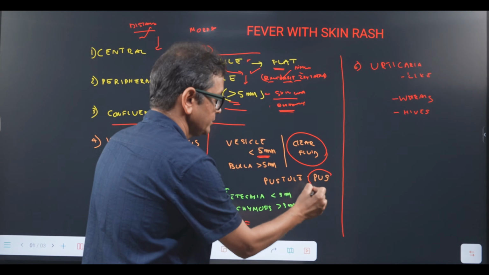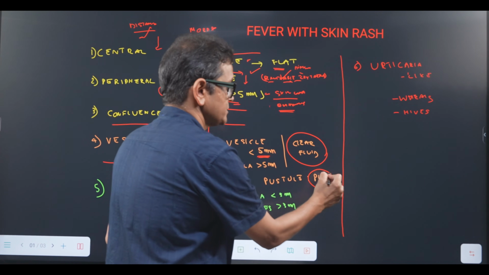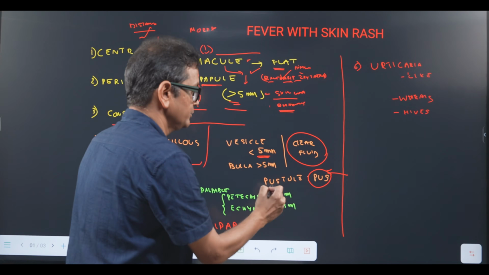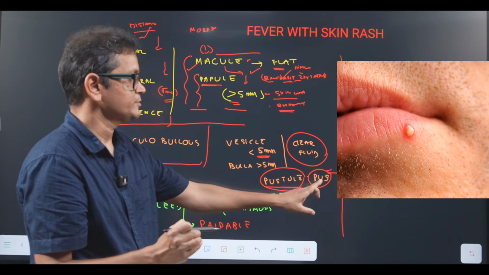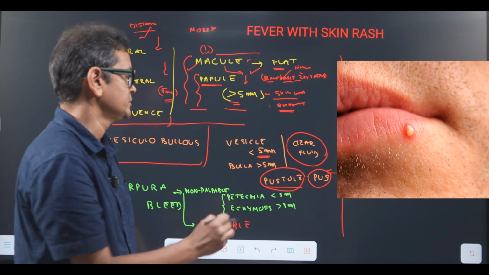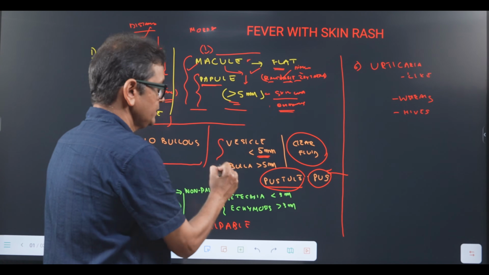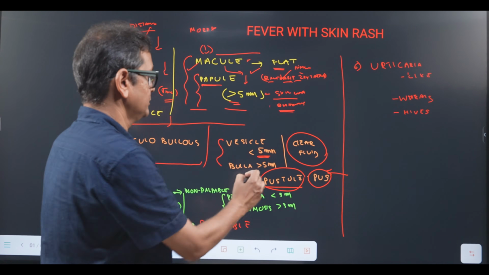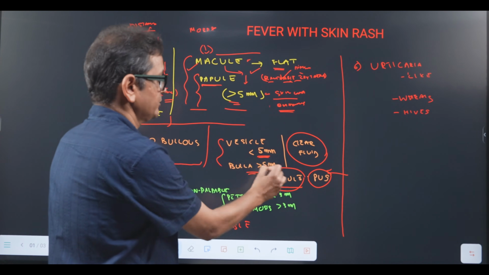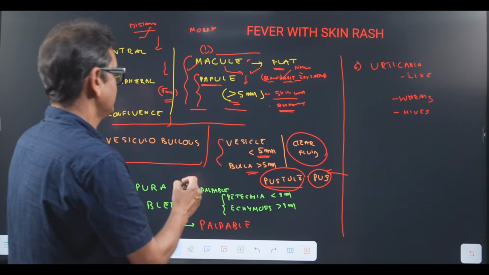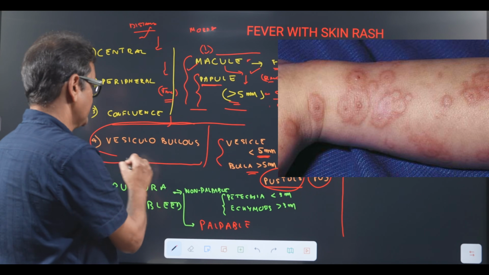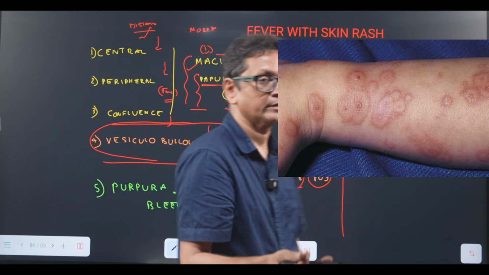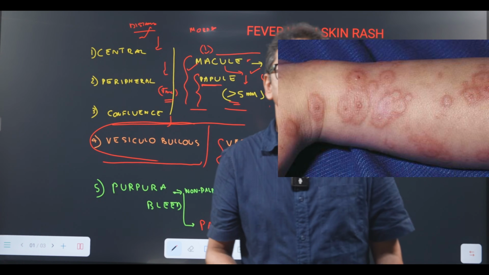If it is opaque, and especially in the presence of fever, we have to label it as a pustule. Pus means pus accumulation, purulent discharge. So, less than half centimeter is a vesicle, more than half centimeter, therefore more than 5 mm, it is a bulla. In many of these settings, these two are associated in a single person because they are evolving. It is known as a vesiculobullous lesion.